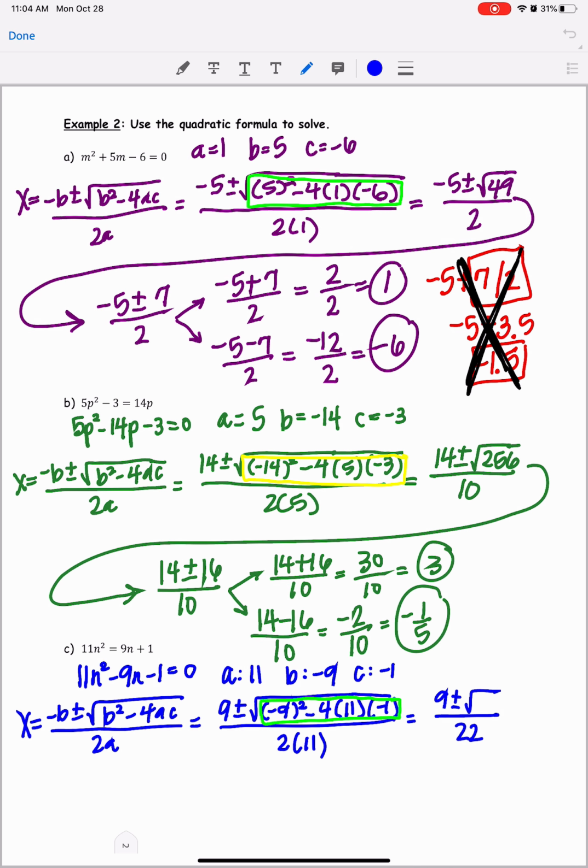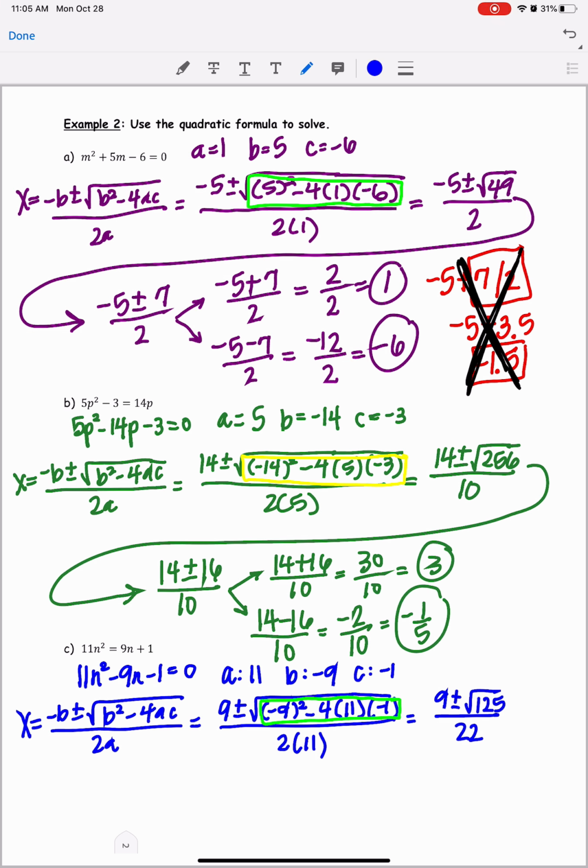So negative 9 in parentheses squared minus 4 times 11 times negative 1 is going to give me 125. Now, that is not a perfect square, so for the first time, we are now skipping step 5.